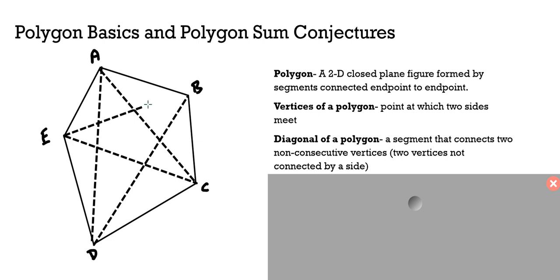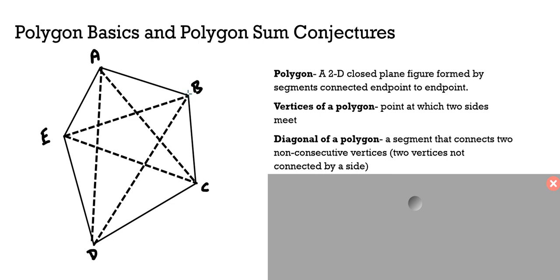What's important to note is that what makes them diagonals is what they are connecting. They're connecting vertices that aren't connected by a side. AB is a side. It can't be a diagonal. And AC is a diagonal because it's not a side, but it's connecting two vertices.